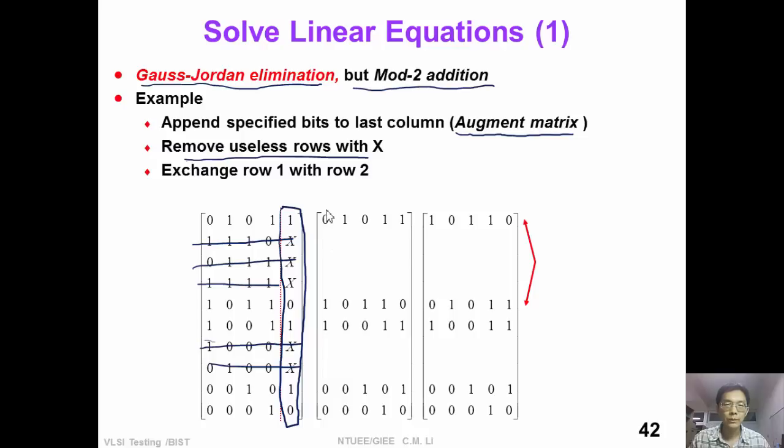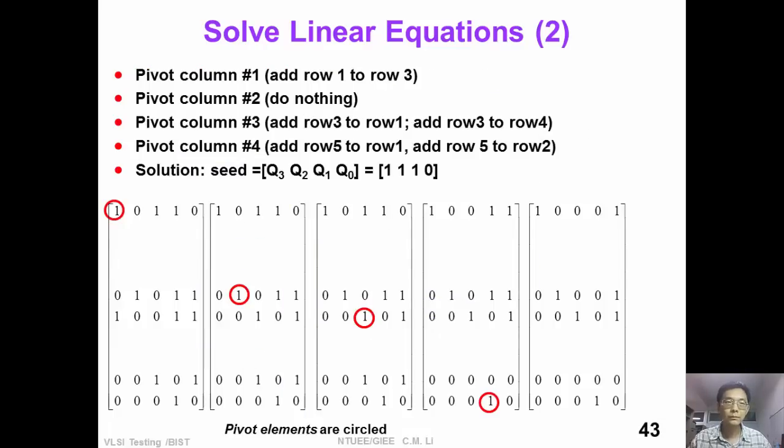To start with, we check the first row. Since this is a 0, we cannot pivot on this row. We need to find a non-zero row to start with. So we exchange the first row with the second row. Starting from this matrix, we can now use Gauss elimination to solve the solution.